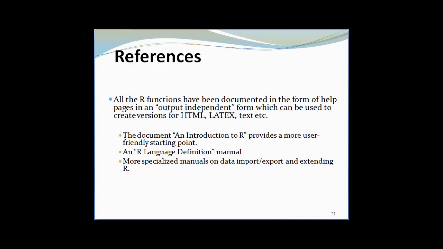Also, all the R functions have been documented in the form of help pages in an output independent form which can be used to create versions for HTML, LaTeX, text, etc. There is an R language definition manual, and more specialized manuals on data import, export and extending R.